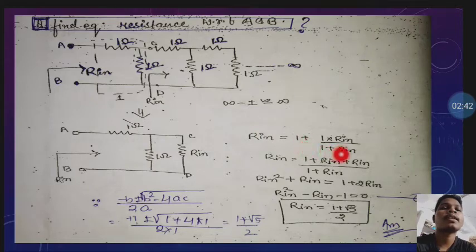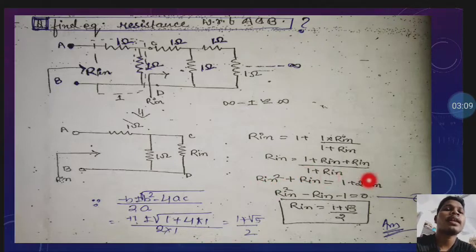After calculating this, 1 plus R in multiplied by 1, we get 1 plus R in, plus that R in resistance, divided by the denominator value, that is 1 plus R in. After taking this 1 plus R in to the left hand side, you will get R in multiplied by 1, that is R in, and R in multiplied by R in, that is R in square.